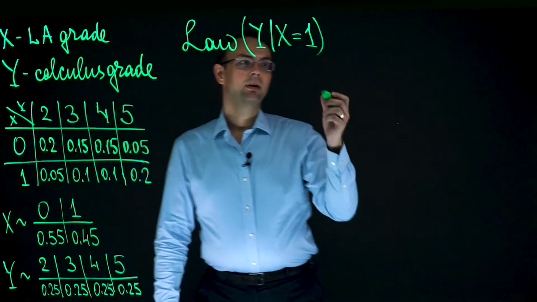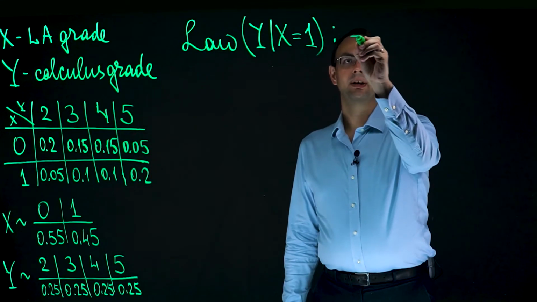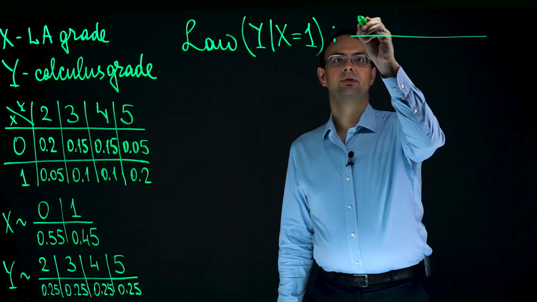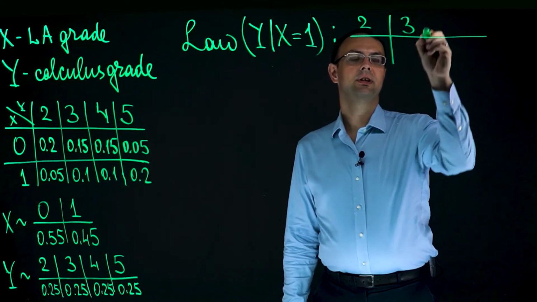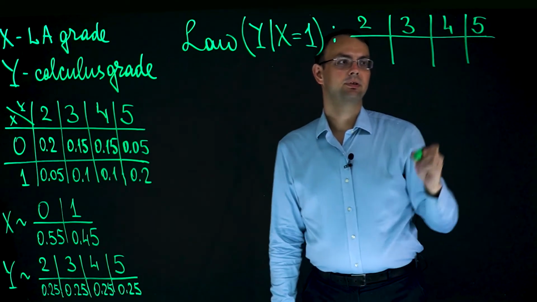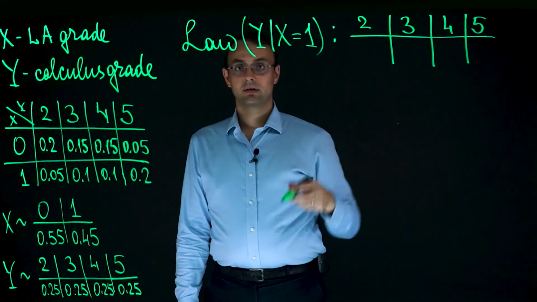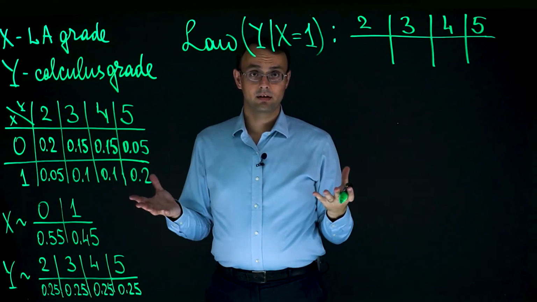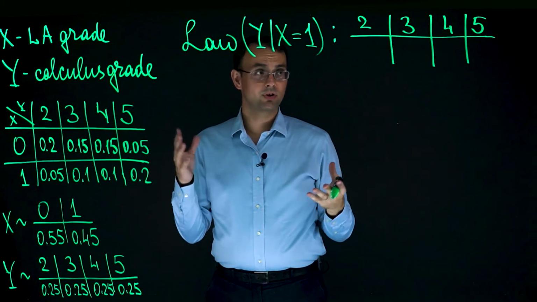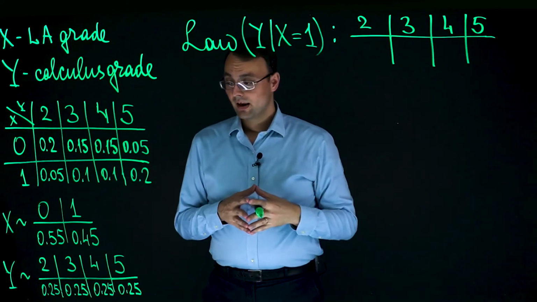So we'll have 2, 3, 4, and 5 in the upper row of our table. And here, we are to find probabilities to fill the second row.